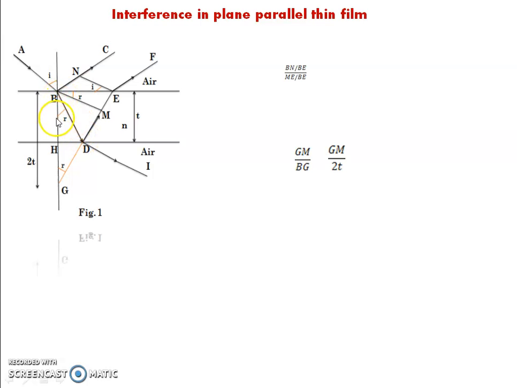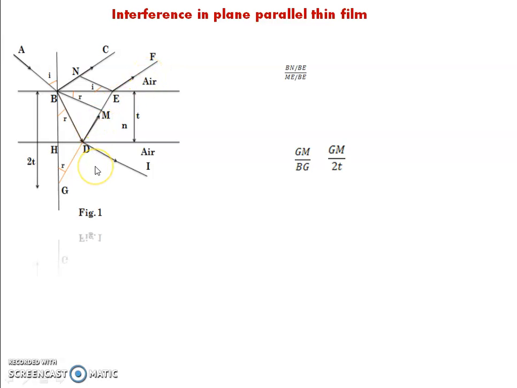The angle of refraction is R. At point D, it is again partially reflected along DE and partially refracted along DI. The reflected light DE is partially refracted in the direction EF.